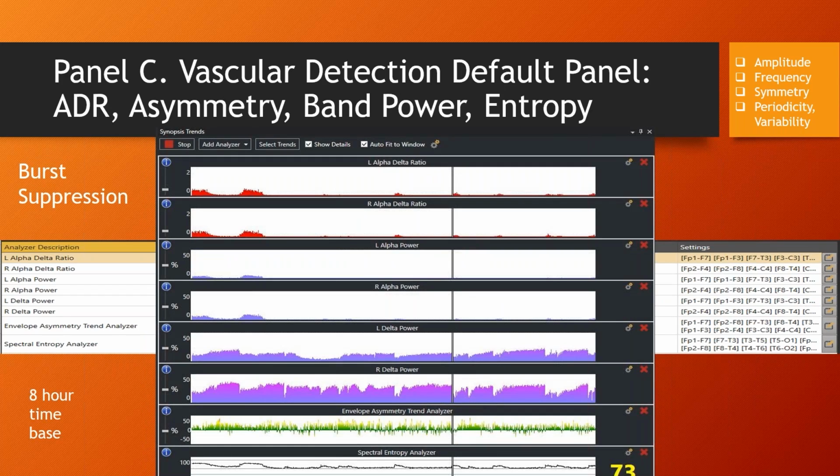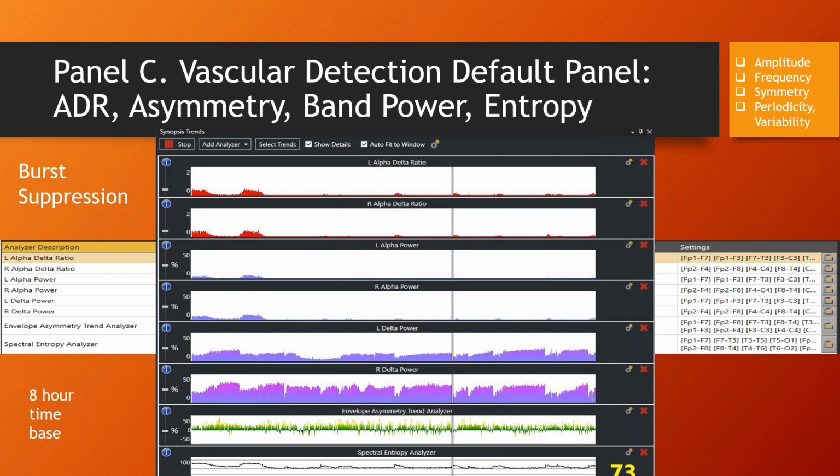There's another trend that I use if I'm looking for something that occurs more slowly over time, and this primarily is the alpha delta ratio, and we're seeing burst suppression on an 8-hour time base. And you can see there are areas where the alpha delta ratio is higher and lower.